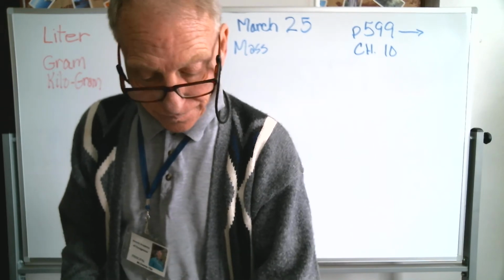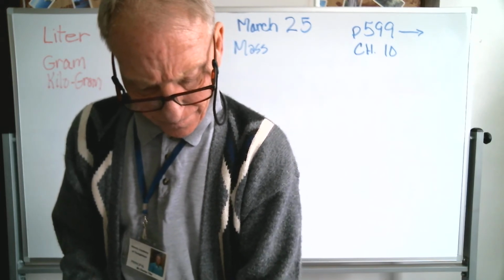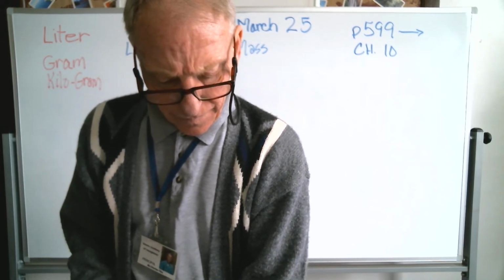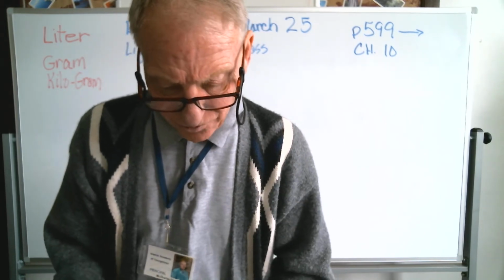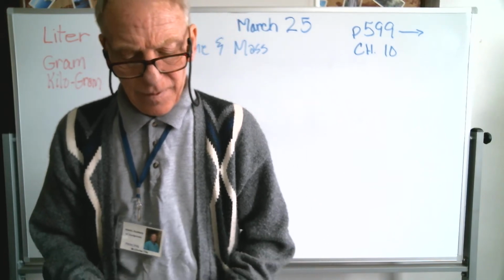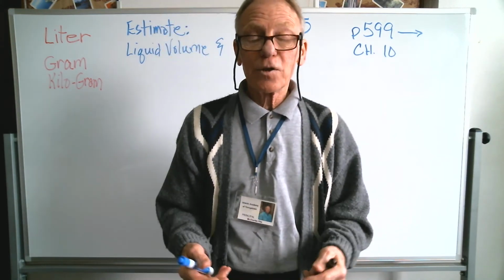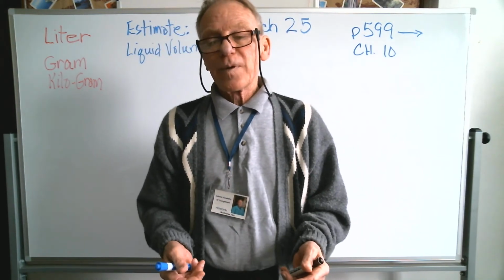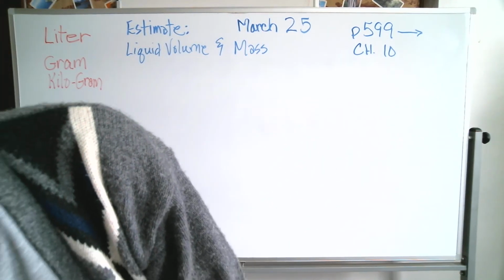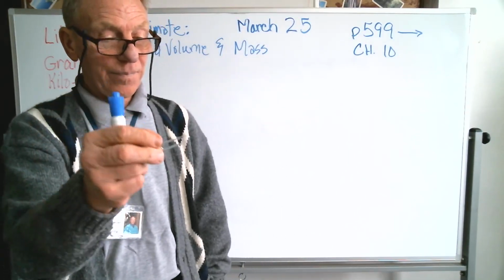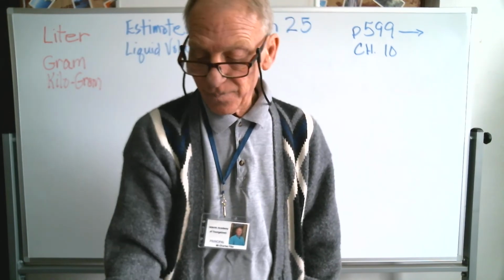Now, there was a problem in this section. Well, actually here, I'll tell you what. Let's do this first. Because on page 607, what they're doing is they're giving you some objects to look at and to determine: do you measure it, for example, the paper clip? There is a paper clip here, 1 gram.